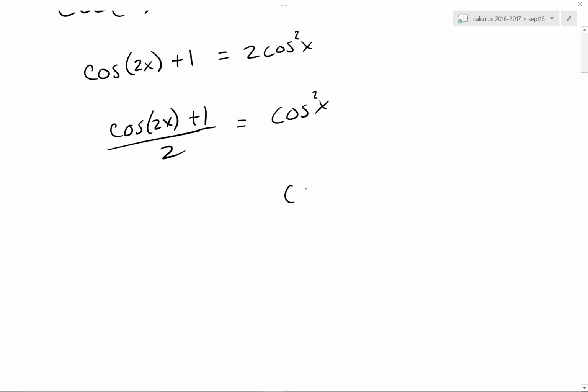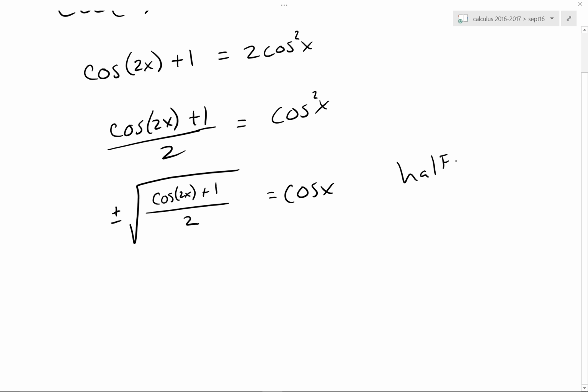And so then the cosine of x, technically it's plus or minus, because that depends on what the original x value was. But it's the square root of cosine of 2x plus 1 over 2. This is one of the half angle identities. And again, they're in your book, but where they come from is, I think, kind of a nice thing to be able to see.